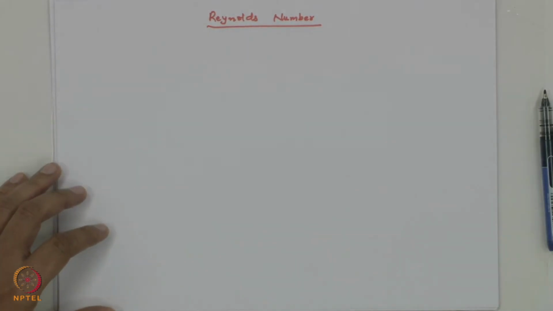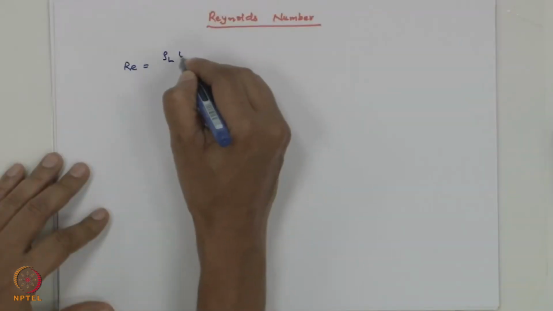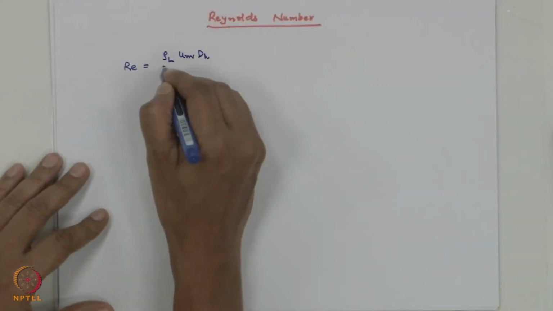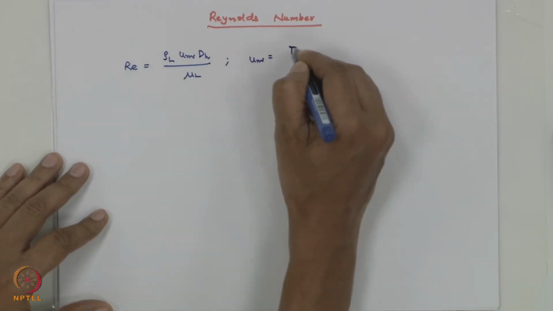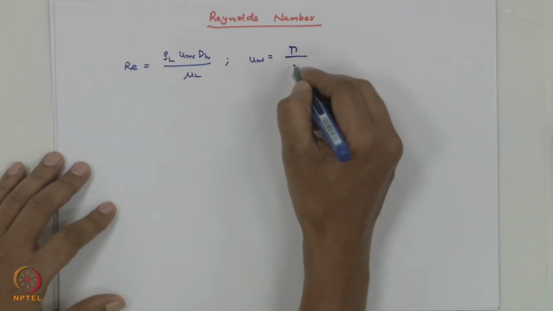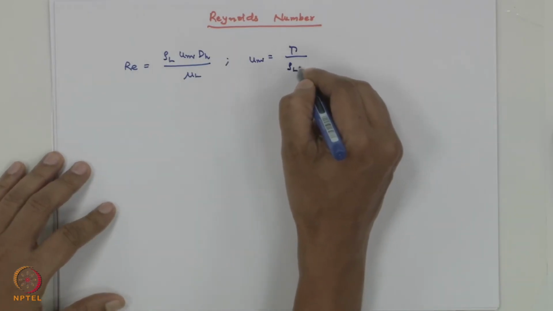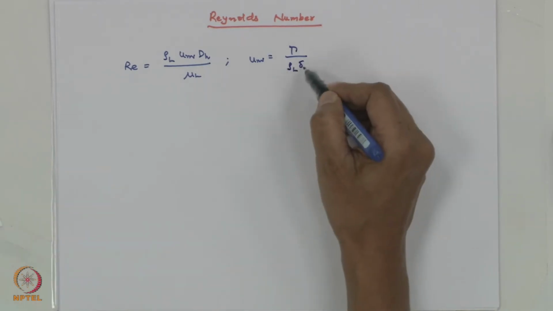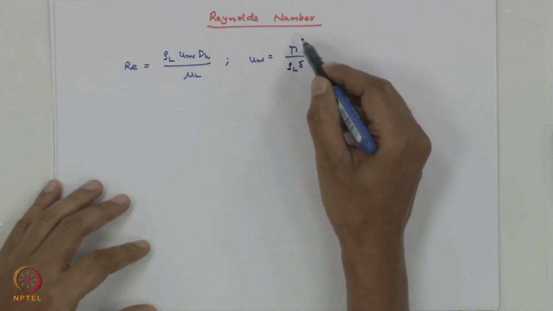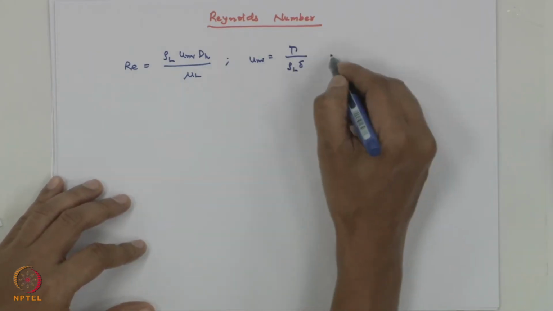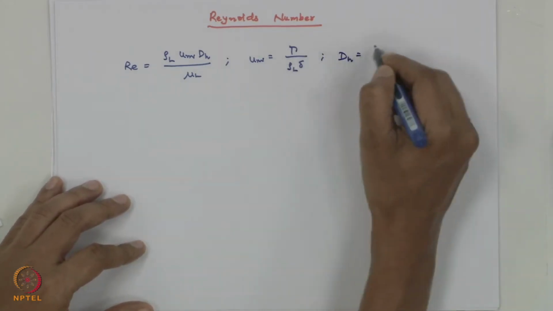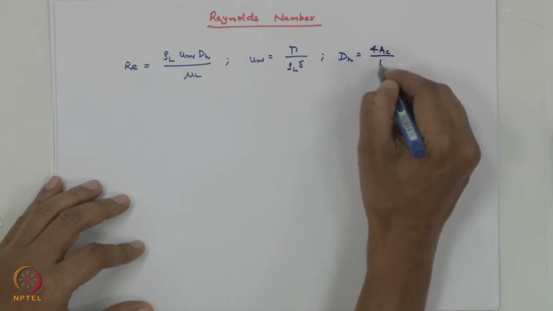So I get Reynolds number equal to rho L u_m d_H upon mu L. So u_m equal to mass flow rate per unit width upon rho L into delta, delta rho A V. So that is mass flow rate per unit width. So d_H equal to 4 A_c by P.